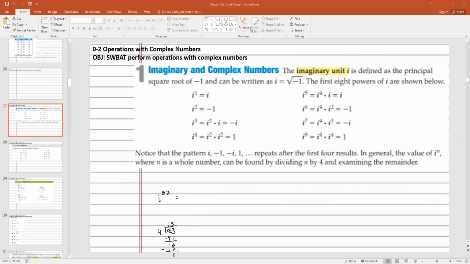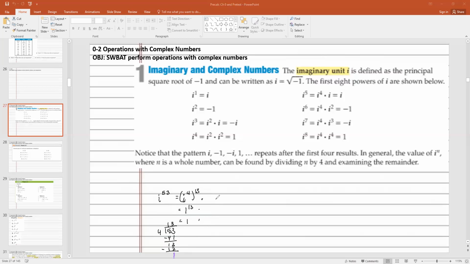So that one is our remainder. So this is i to the 4 times 13, which is basically just 1, because it's 1 to the 13th power, which is still 1, right? Still 1.